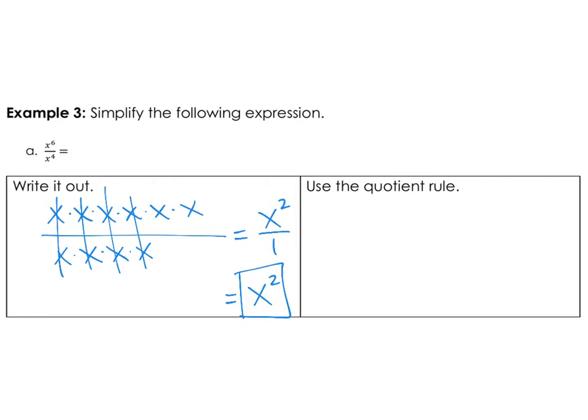So we could have taken our x to the 6th and subtracted 4, giving us x squared. So whenever you're dividing variables that are the same or numbers that are the same, with the exponents, you're going to subtract those exponents.